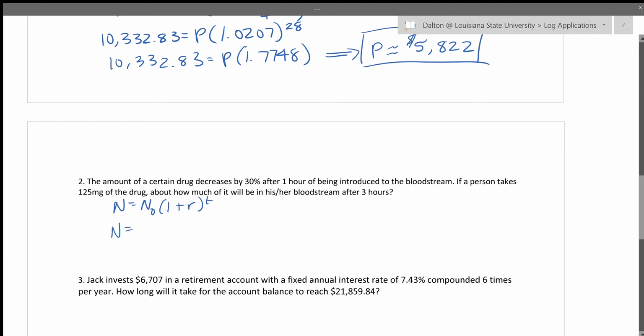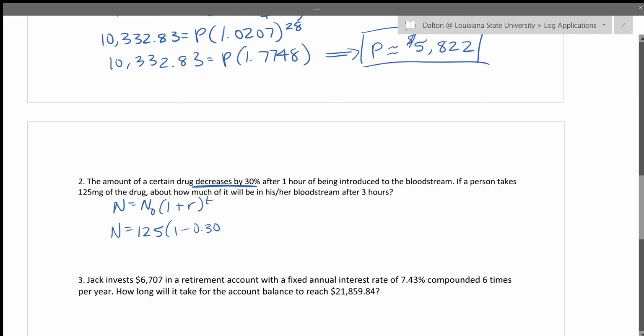So I've got N there is equal to, the initial amount is 125 milligrams times 1 plus the rate. This is where you have to be careful about stuff and hopefully just use your logic. It says decreases by 30%. So actually instead of adding 30%, I need to be subtracting 30%. And a lot of times, guys, our percentages are much smaller.